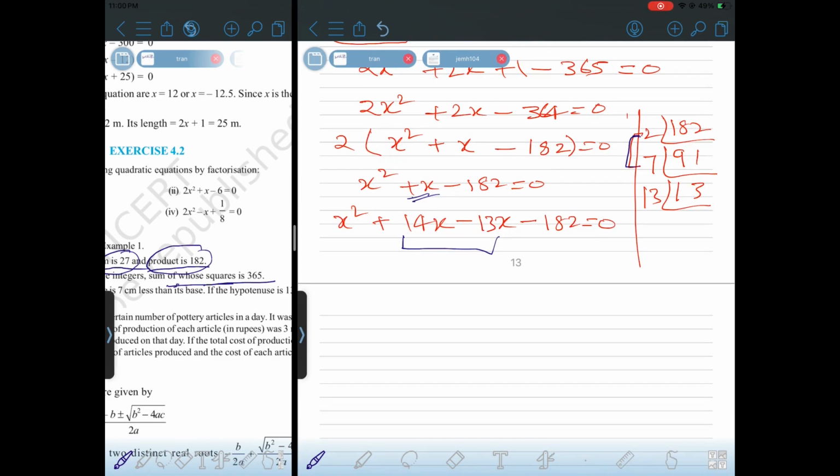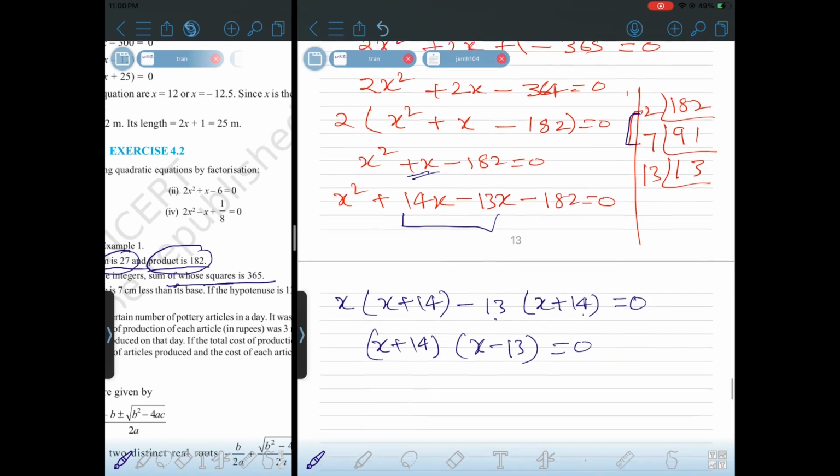Take x as common: x times x plus 14, then take minus 13 as common, which again gives x plus 14, equal to 0. You can verify the multiplication. So now we have x plus 14 times x minus 13 is equal to 0.